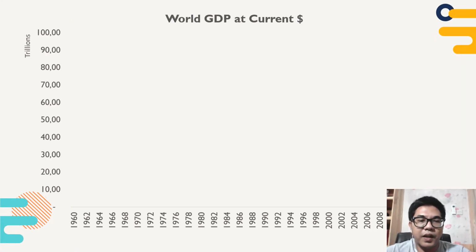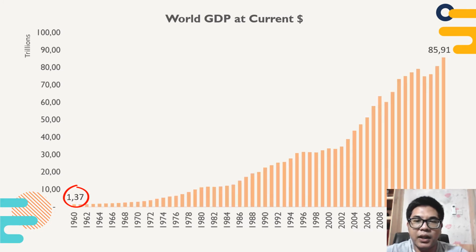Here is the graph that I want to show you. It is the world output, measured by GDP at current US dollars, from 1960 to 2018. In 1960, our world economy was valued at 1.37 trillion US dollars, and in 2018, our world economy is valued at 85.91 trillion US dollars.